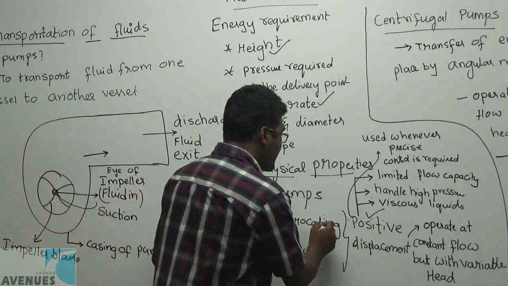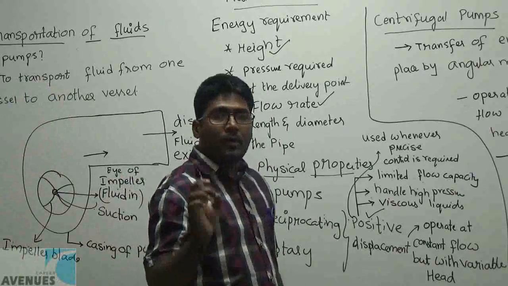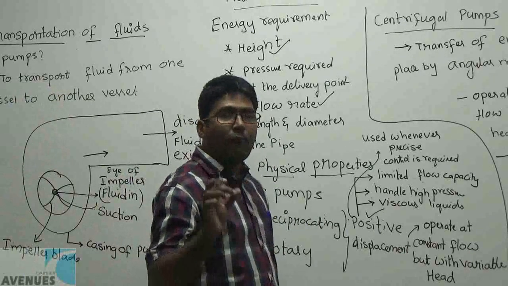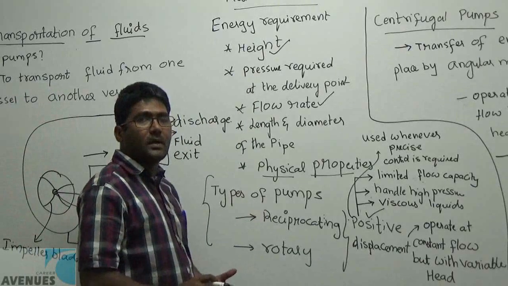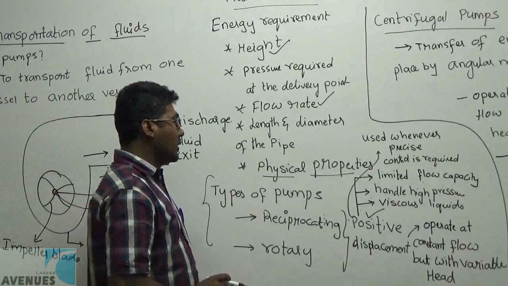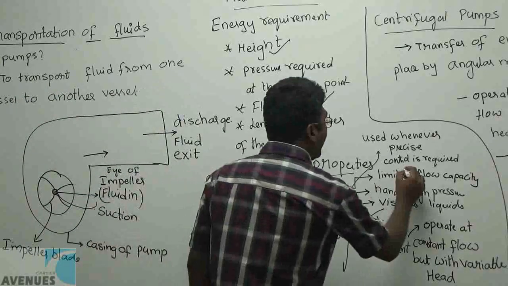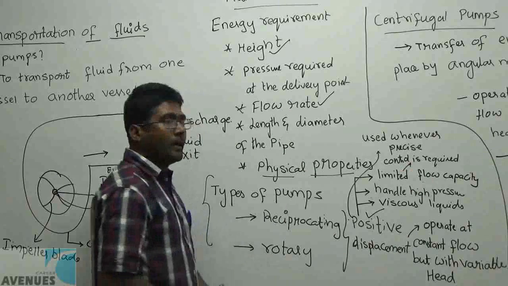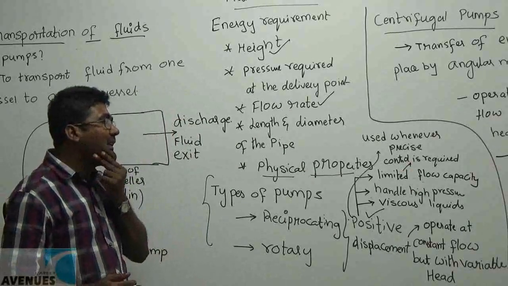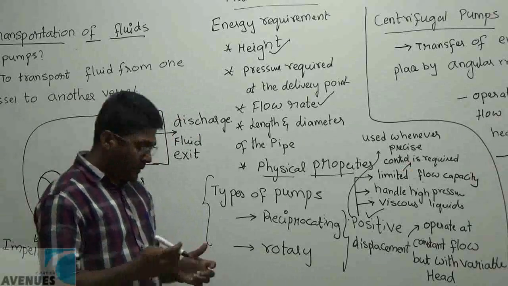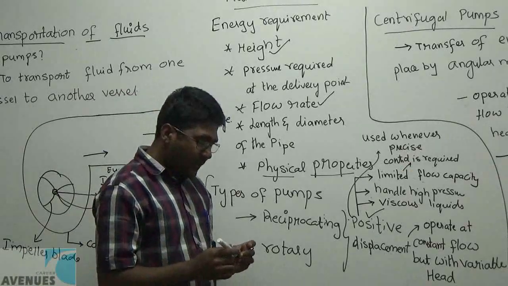These pumps are used to handle very viscous liquids and whenever there is a precise control requirement. They operate at constant flow but with variable heads. And it has some limitations.